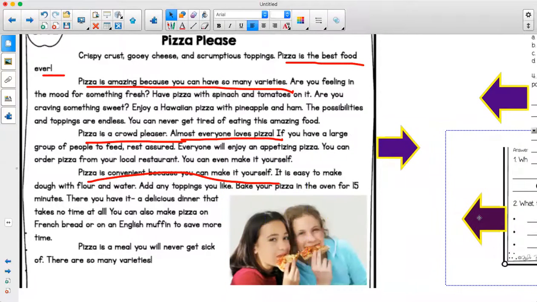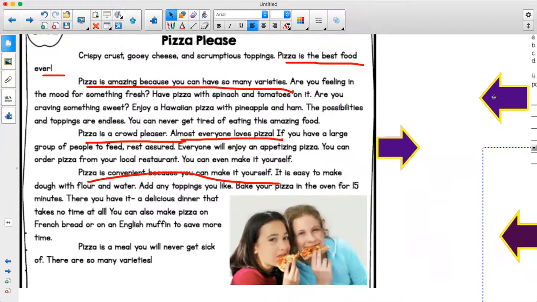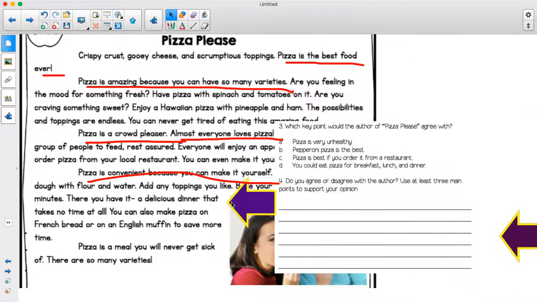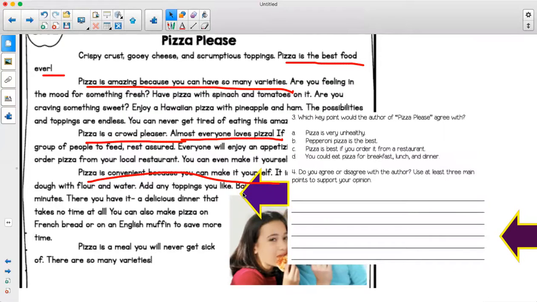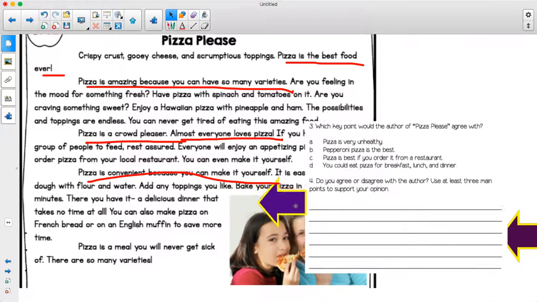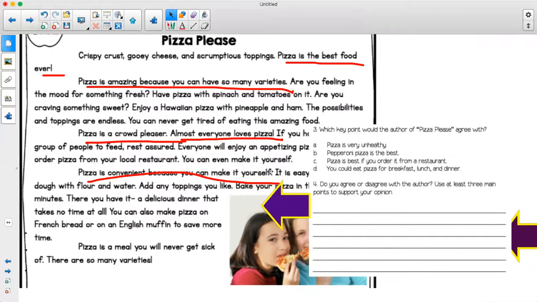Okay. And the last question. I'm going to skip to number 4 right here. Do you agree or disagree with the author? Use at least 3 main points.